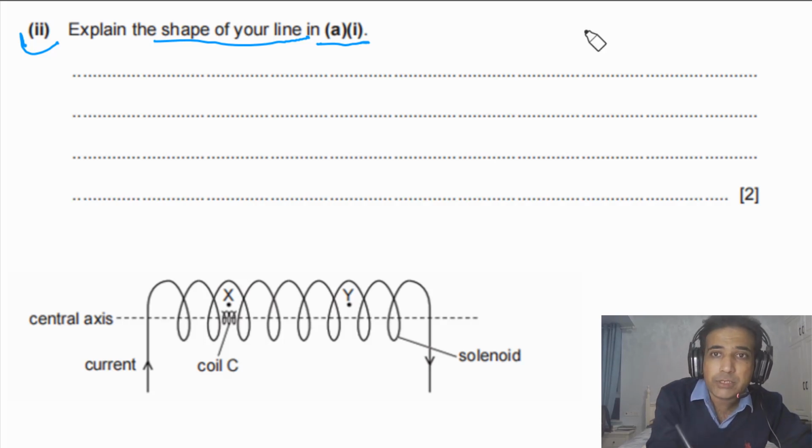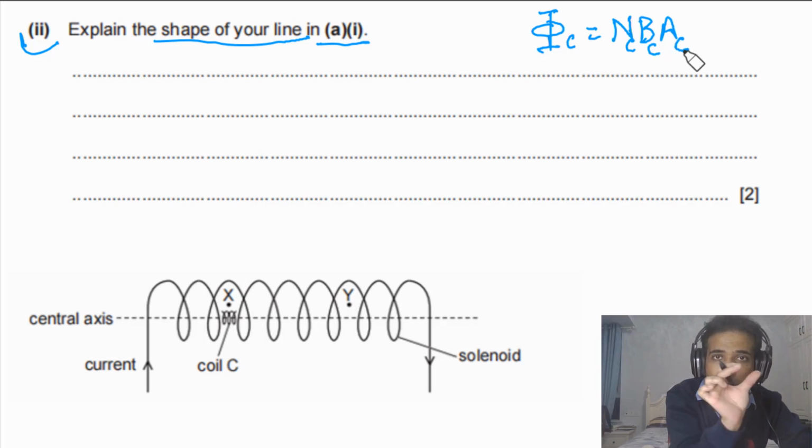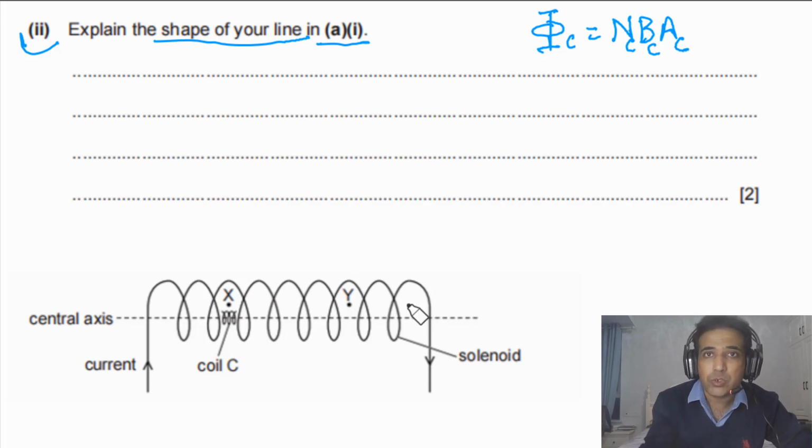We have already discussed that point, so simply I will write again. Magnetic flux linkage for coil C is equal to NBA. So NC is constant, BC is constant, AC is constant. So magnetic flux linkage through coil C when we move from X to Y is constant. So you need to write down these points.